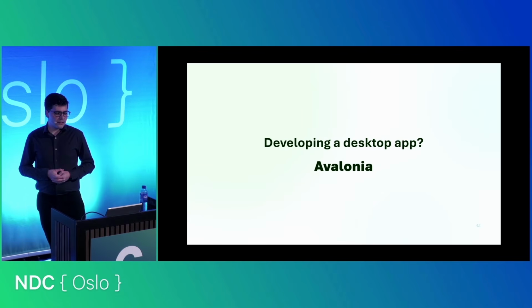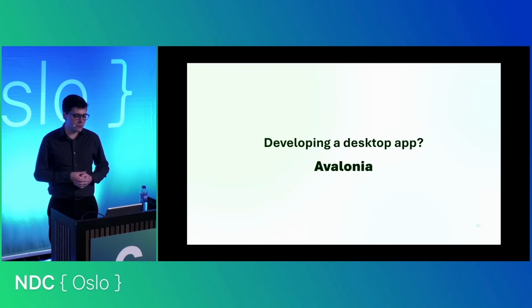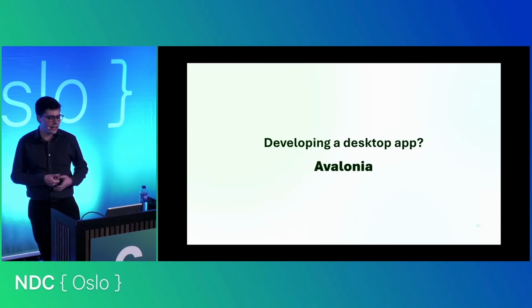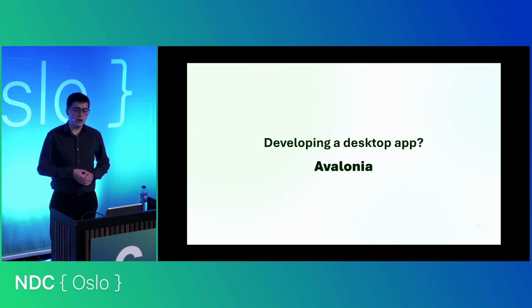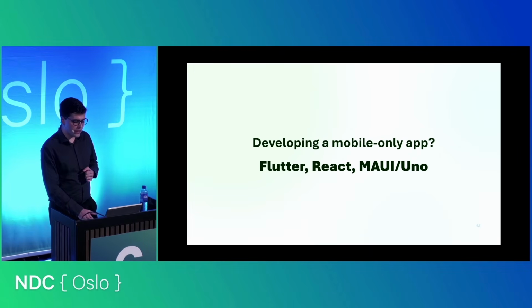And as I mentioned, I included some of the scenarios which you might be getting. So for example, when I would be developing a desktop app, from what is currently supported, I would choose Avalonia or Uno platform, and I would compare them together.